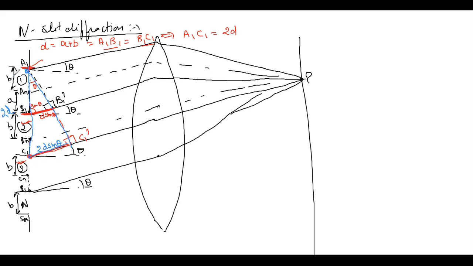This was your slit number 1. If you talk about slit number 2, the extra distance the wavelets from the second slit are traveling as compared to slit 1 is d sine theta.